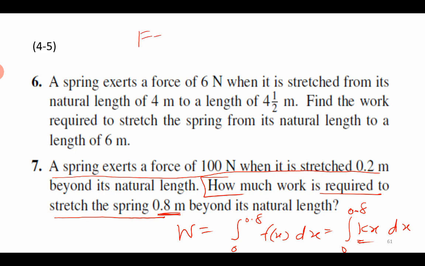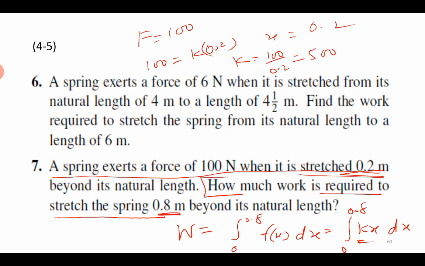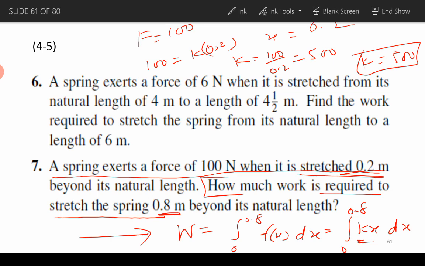F is 100 Newton and the distance x is 0.2 meter, stretched 0.2 meter beyond its natural length. So 100 is equal to k times 0.2. Therefore k is 100 divided by 0.2. It is 500. So k is 500. That is to be used in this equation. So let's integrate now.